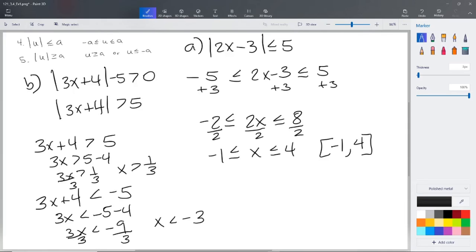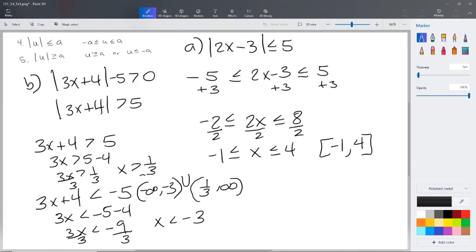Greater than 1/3 says that it goes from 1/3 to positive infinity. There's no equal sign here, so both of these are going to be rounded. Less than negative 3 says the answer is going to go from negative infinity to negative 3. Again, rounded brackets on that, and a U between them. And so there's our answer there.